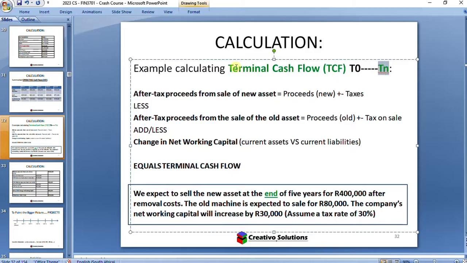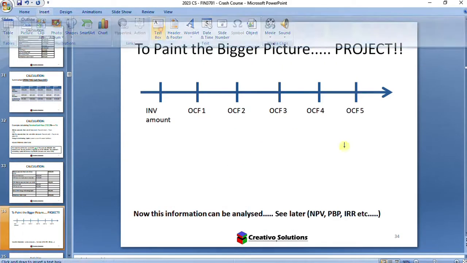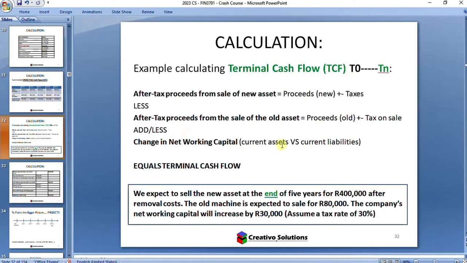Make sure you remember that this relates to the end of the period, not the beginning, because if we're painting a picture, we're looking at TCF, terminal cash flow. Terminal cash flow is here at the end of the life of the project. So when you're looking at amounts, those amounts need to be at the end of the project. So they need to give you an expectation. I did that here on the slide.